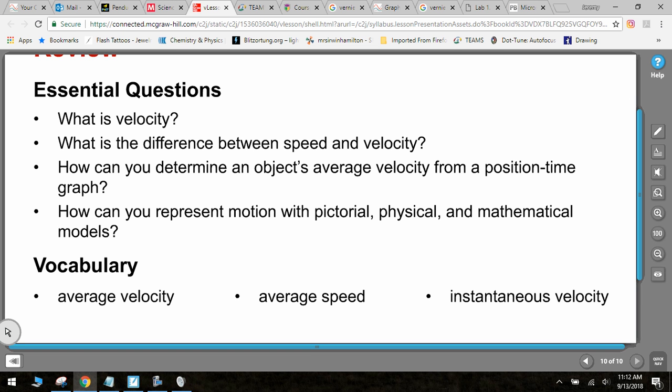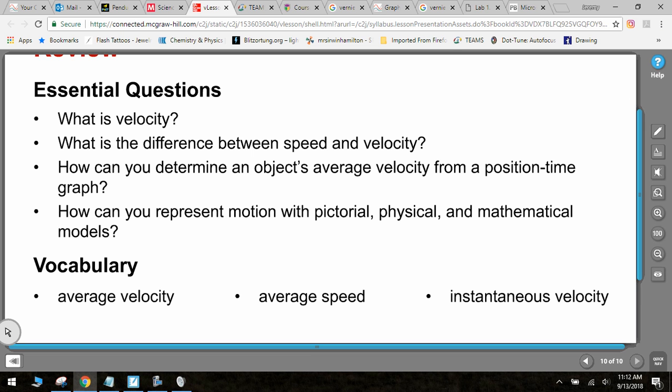Okay? Now we have, how can you determine an object's average velocity from a position time graph? It's the slope. So if you have a position time graph, you can calculate the slope. Another way to calculate the slope is to just use the formula that we wrote down, right? Okay?